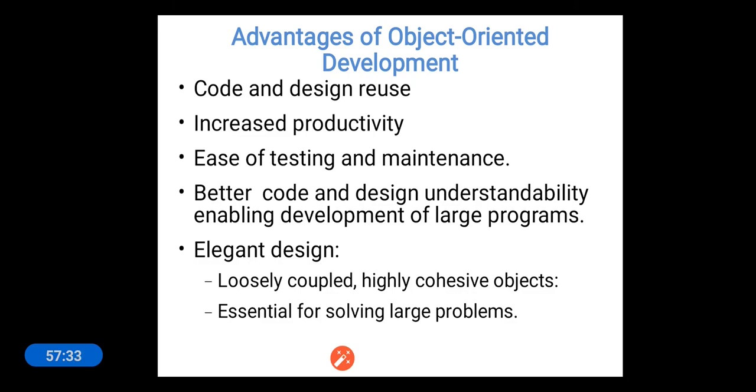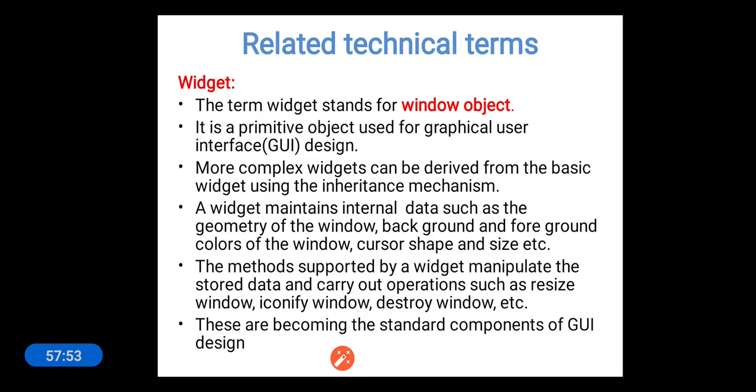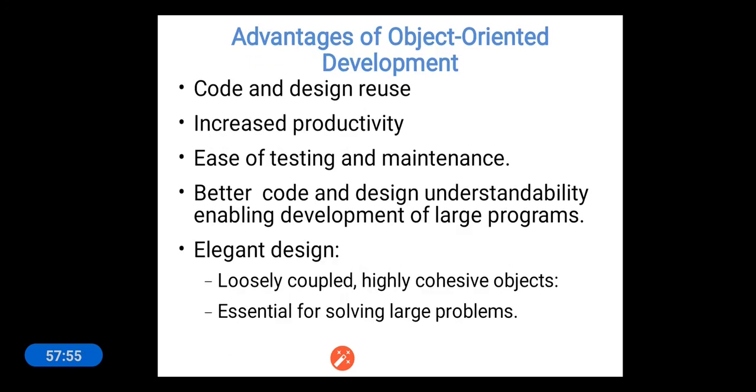The main code and design reusability is because of inheritance. And better code and design understandability is because of abstraction. We have both data abstraction and feature abstraction, and this abstraction also helps us to have loosely coupled and highly cohesive objects.